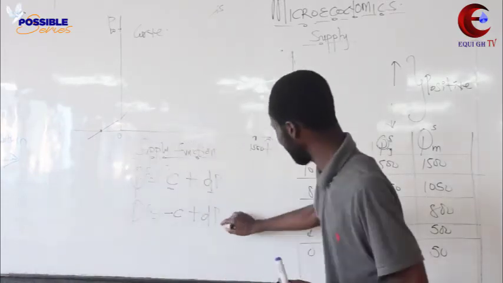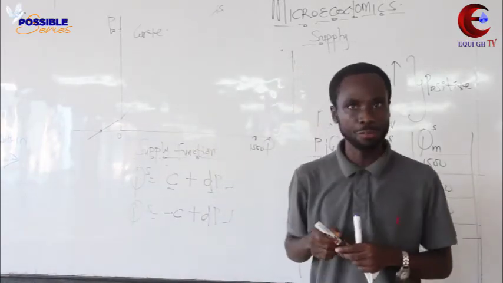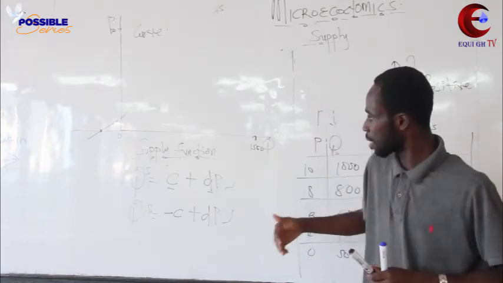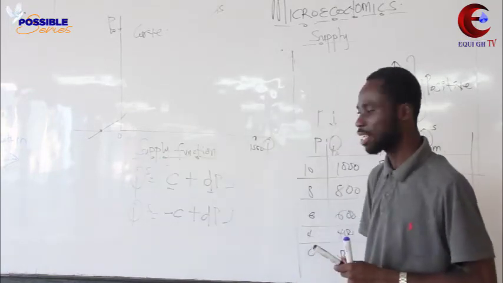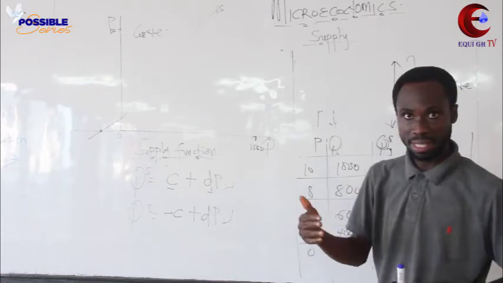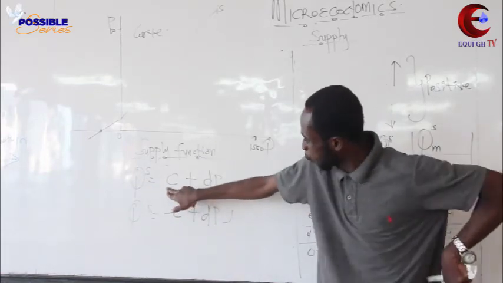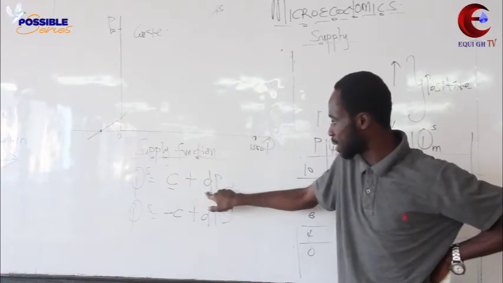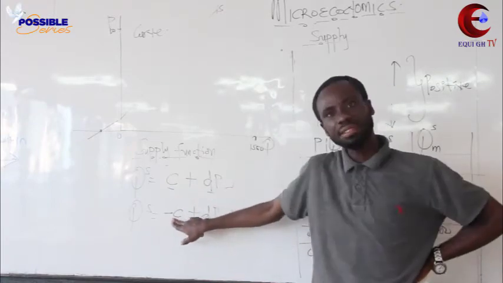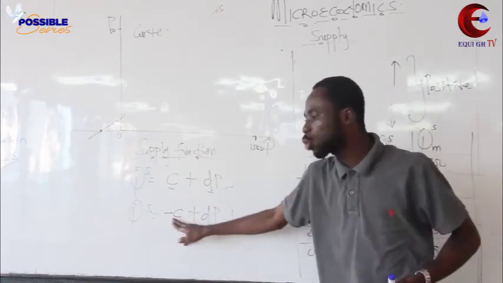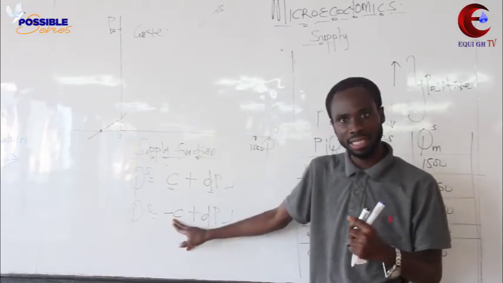So when you get either this or this, don't be confused. We can sometimes get negative quantity. So quantity supplied could be positive C plus DP or negative C plus DP. This one could either be negative or positive.